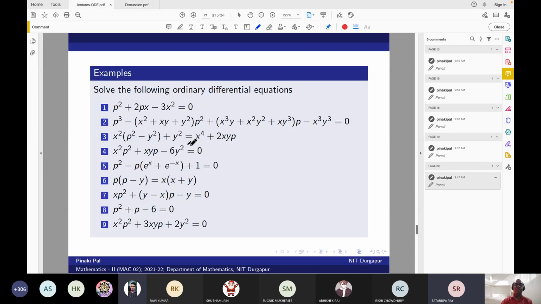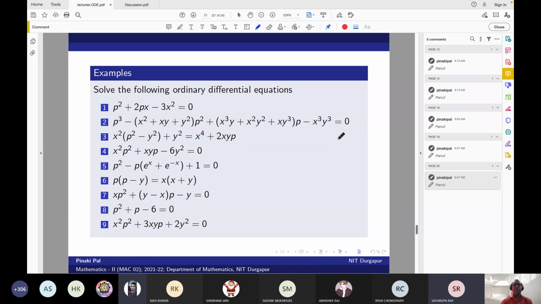Now you take the next problem: p cube minus (x square plus xy plus y square) p square plus (x cube y plus x square y square plus x y cube) p minus x cube y cube equal to 0.